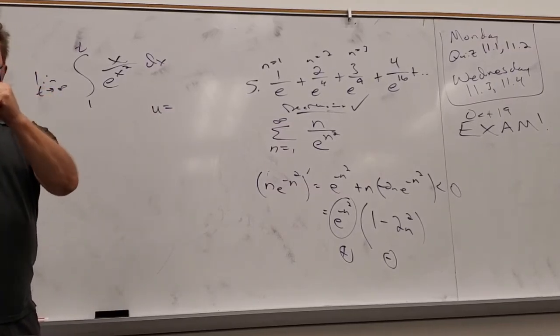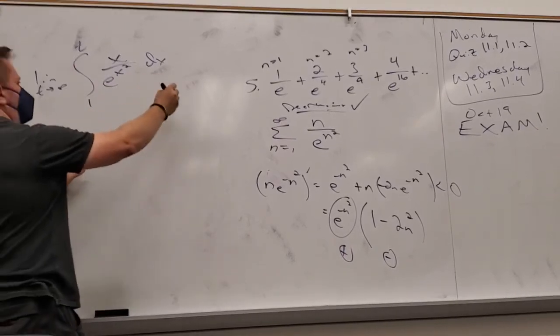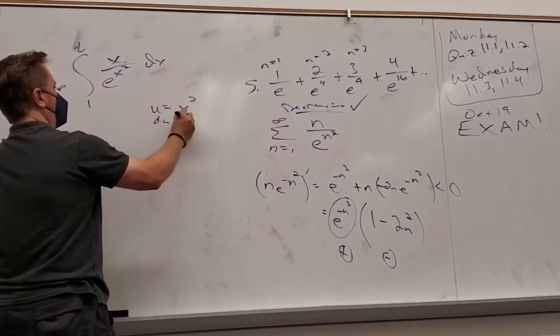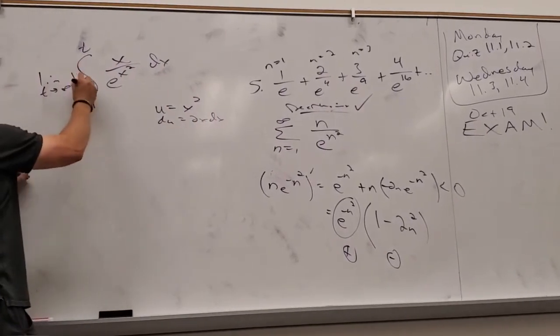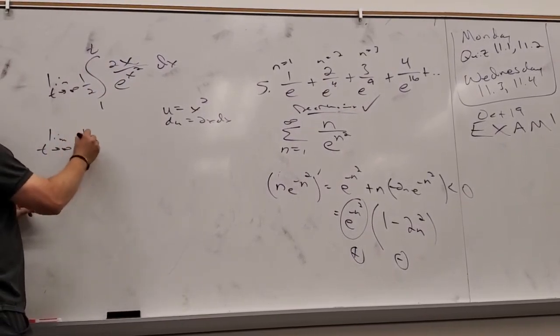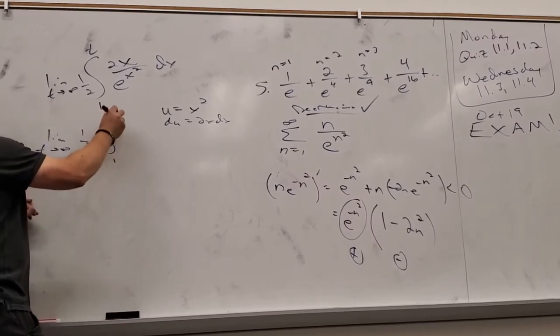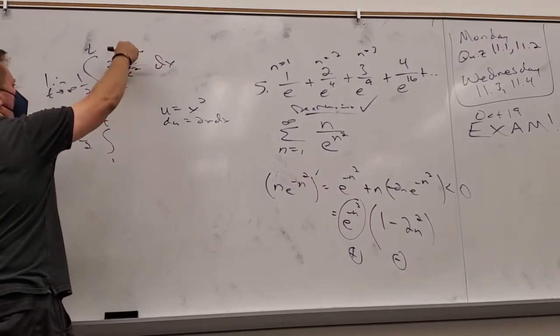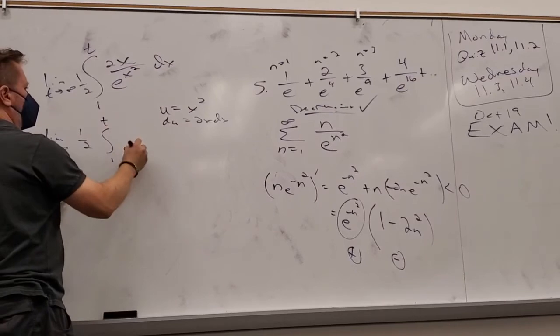Yes? Okay. So u equals x squared, du equals 2x dx, so I need a 2 in there. So then I get du and I get e to the negative u, is that cool?